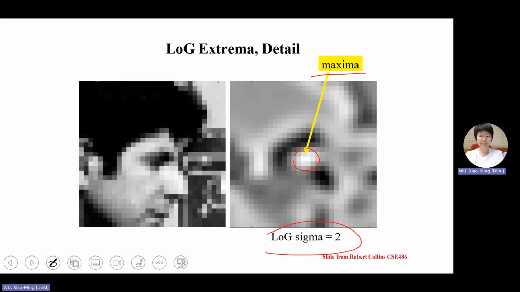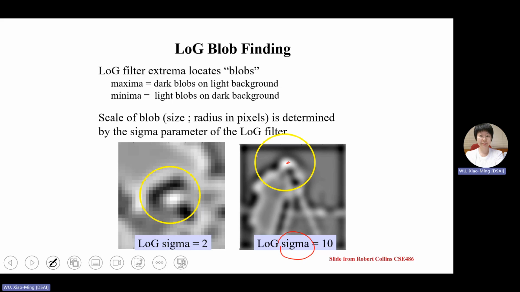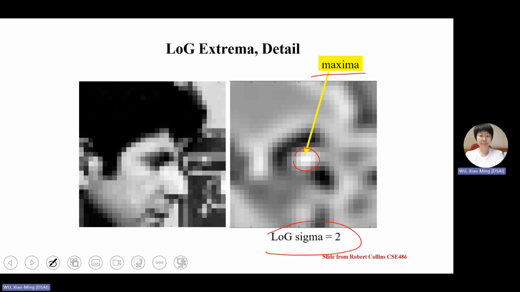With a large sigma, it helps us to identify the head as an interesting point, the head as a blob. Small sigma helps us to identify the eye region. Okay, I'll just stop here and let's talk more next week.